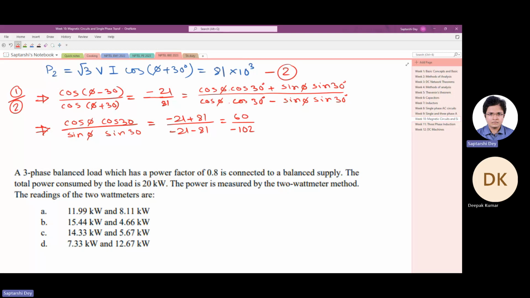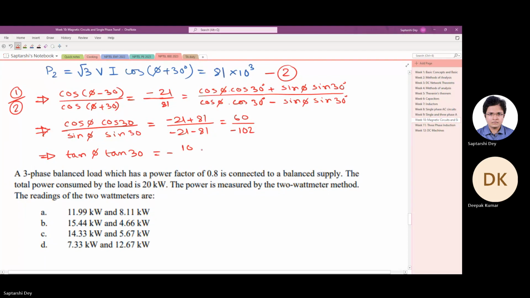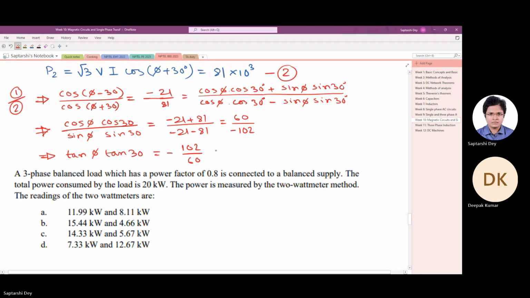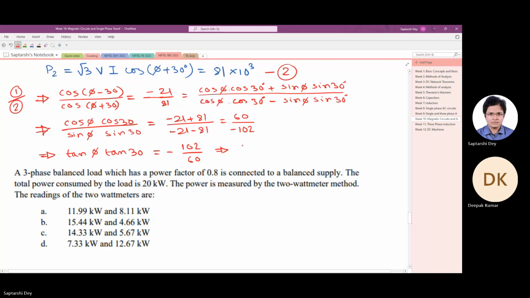Did I do it correctly? I hope yes. Then if I add them, it becomes cos on the top and subtract. So sin by cos. So what I can write is tan phi tan 30 is minus 102 by 60. From here you can find out phi, right?